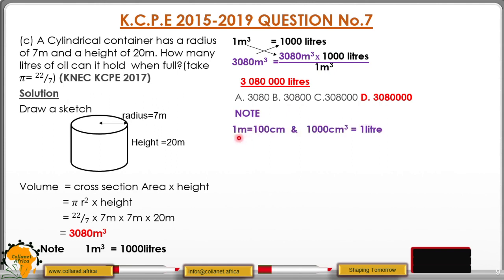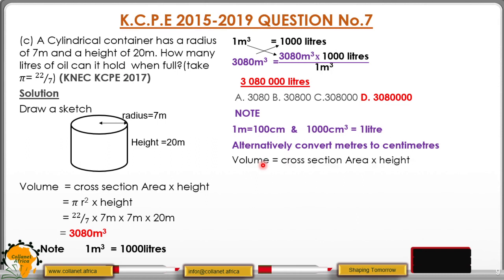Alternatively, note that 1 meter is equivalent to 100 centimeters, meaning 1 liter also has 1,000 centimeters cubed. So in this case, you convert meters into centimeters, get the cross-section area in terms of centimeters. So you will get 700 times 700 times 2,000.